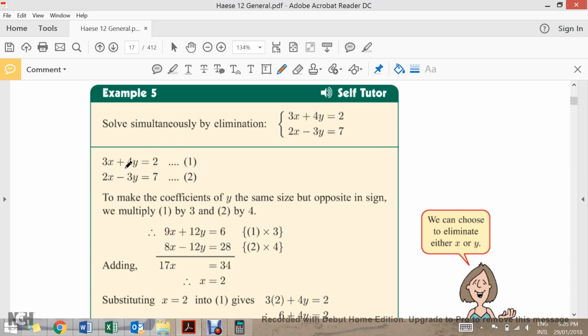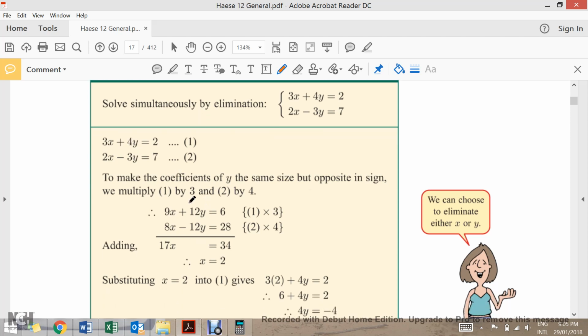So let's get the coefficient out the front of the y as the same, but keep this negative here and the positive here so they cancel out nice and easy. Here we go. If I times this 4 by 3, if I times this entire equation by 3, I'll end up with a positive 12y.